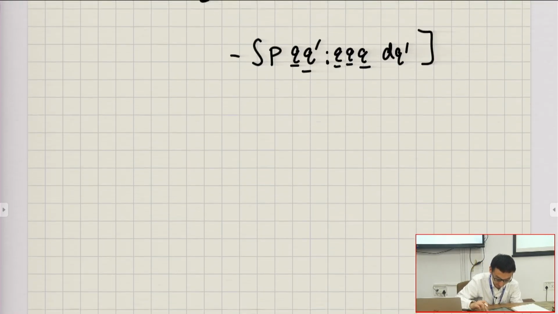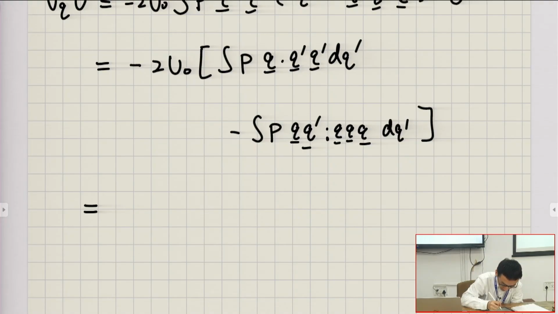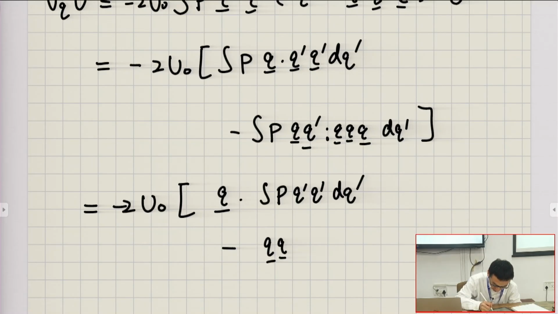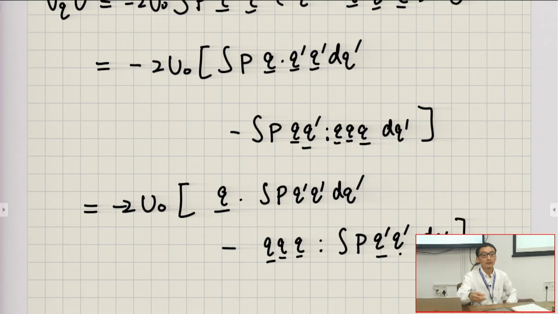So then what we have is Q dotted with the nematic, or QQ average. I'm going to write that as Q, just writing out the integral explicitly here. And the second one is 3 Q's, again not part of the integral, dotted with P, Q prime, dq prime. Okay?